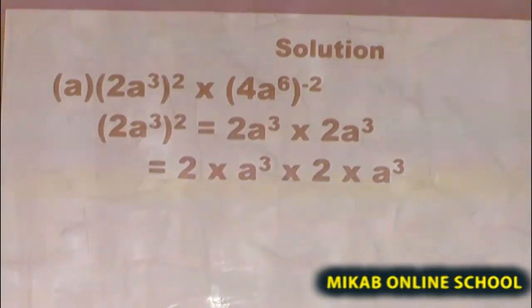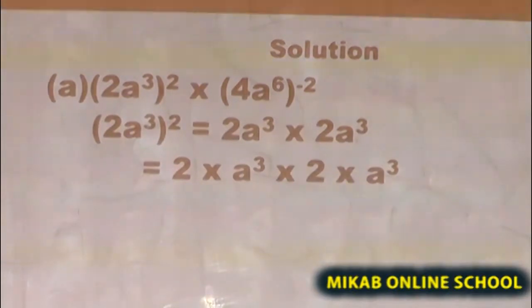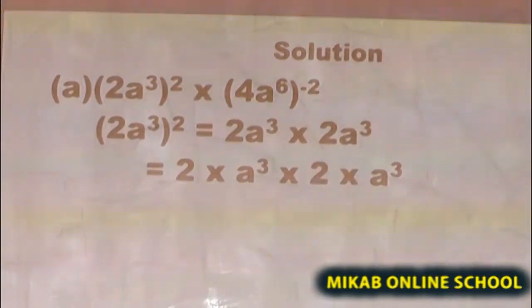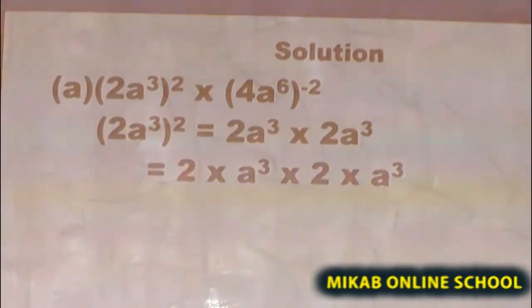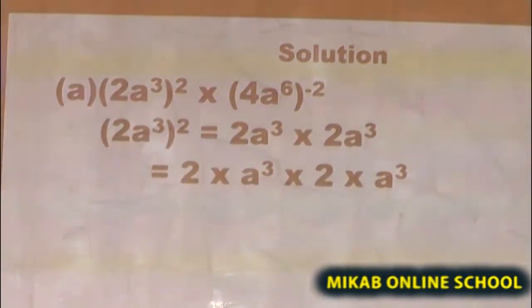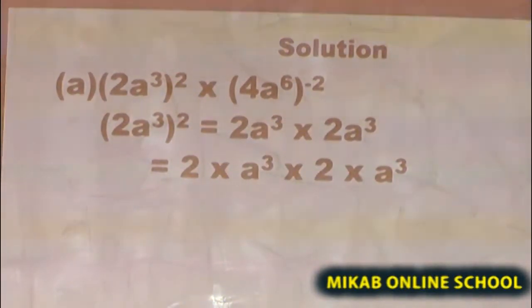And we are going to rearrange this expression for simplicity. That is, you group the numbers, which are 2 and 2, at one side. You also group the a raised to the power of 3 and a raised to the power of 3 at the other side.